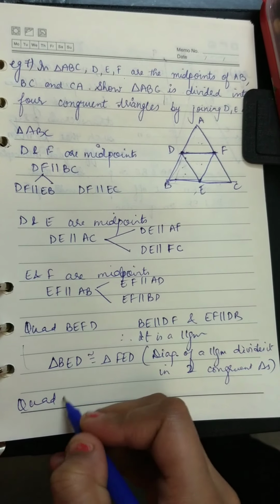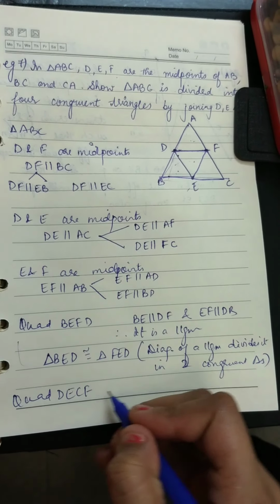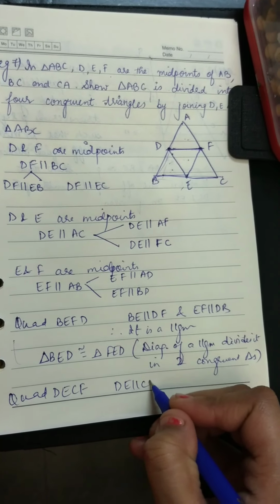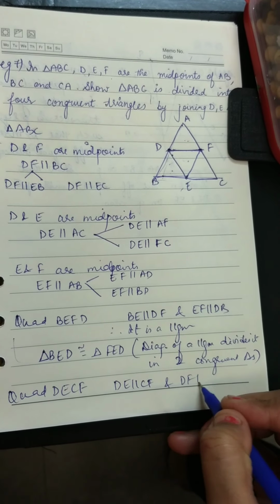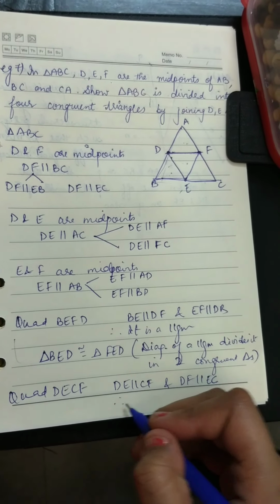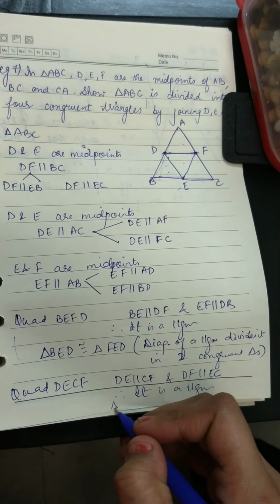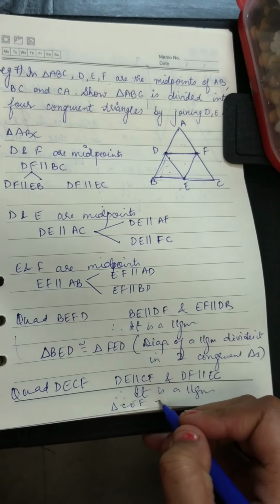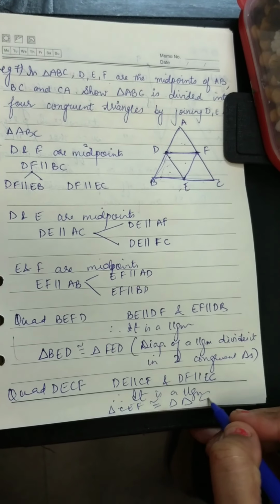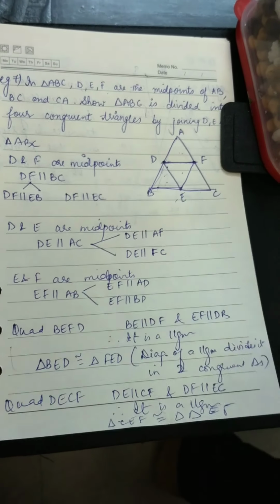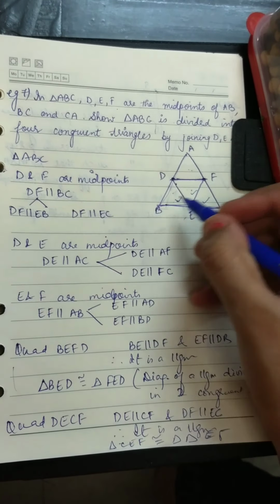Similarly, consider quadrilateral DECF. DE is parallel to CF and DF is parallel to EC. Therefore, it is a parallelogram. This implies triangle CEF is congruent to triangle DEF. So we have proved these 3 triangles are congruent.